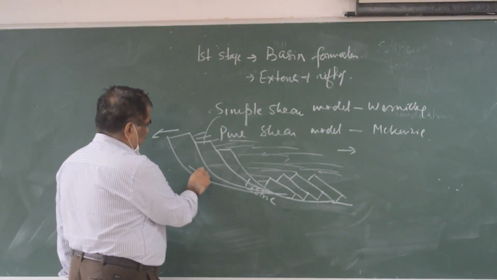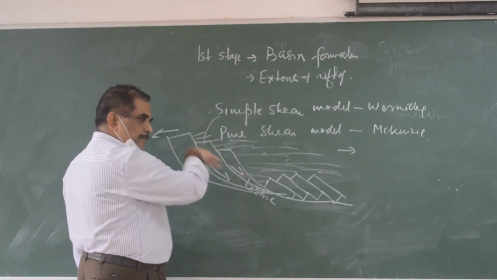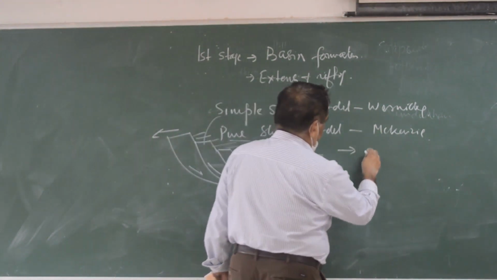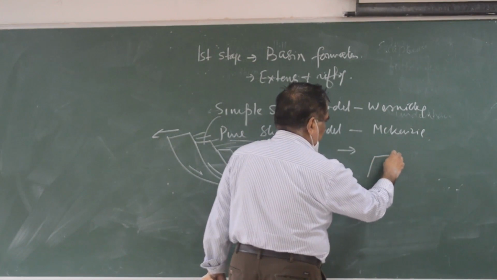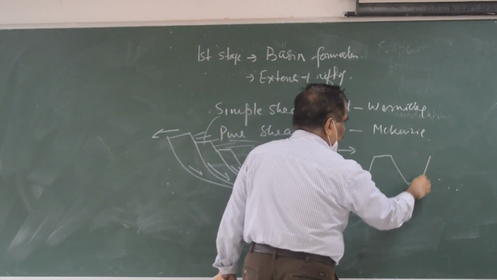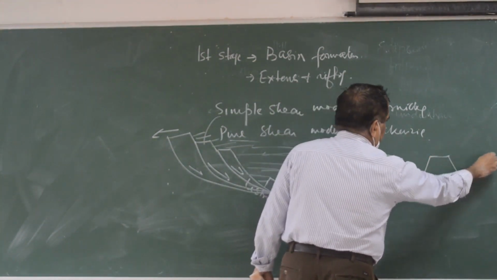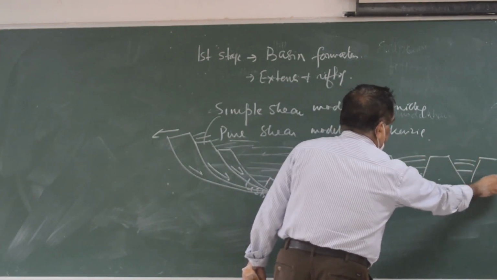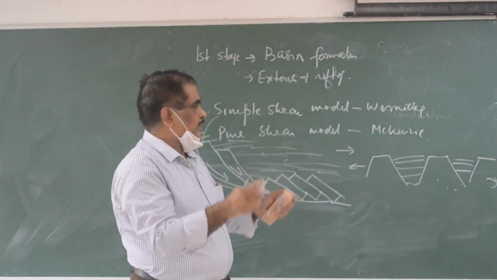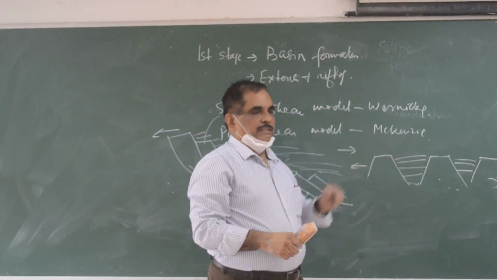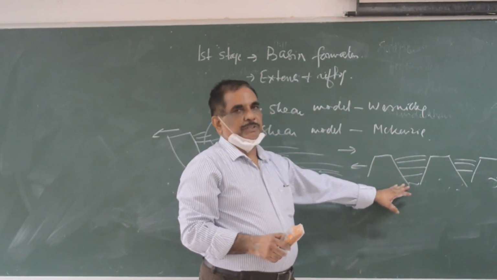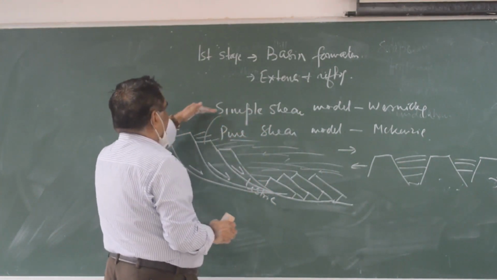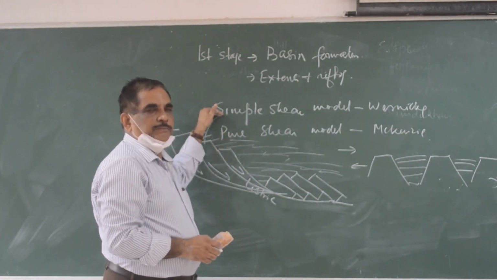So the faulting happens like this, normal fault. In case of pure shear model, that also we know. There you get horst and graben by developing two sets of faults like this. Sediments are deposited here. This is the pure shear model. Conjugate sets of faults develop, sediments are deposited. These two things we have already discussed, but generally the simple shear model is being followed for the formation of the basins.